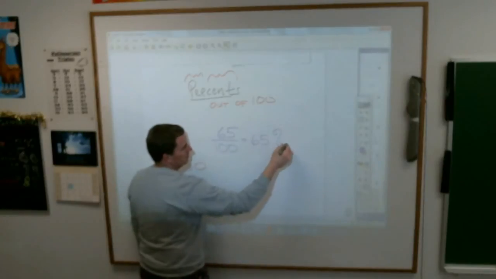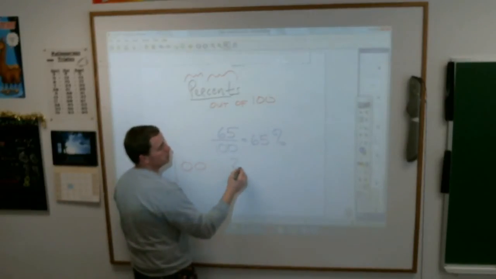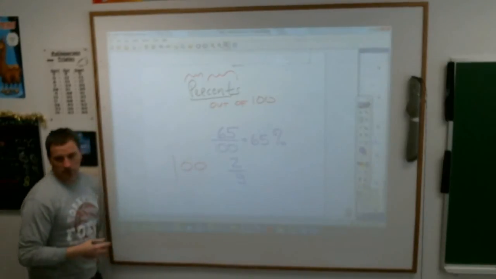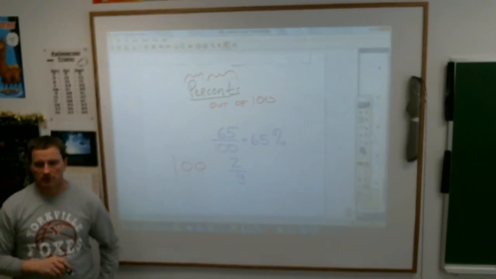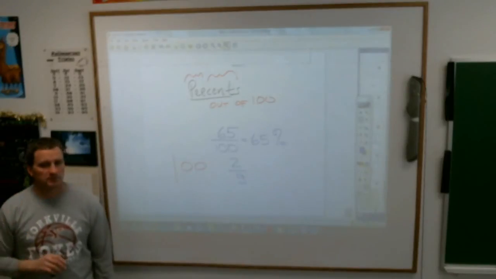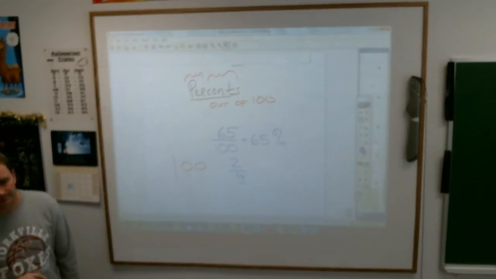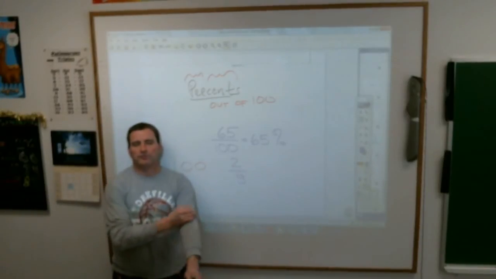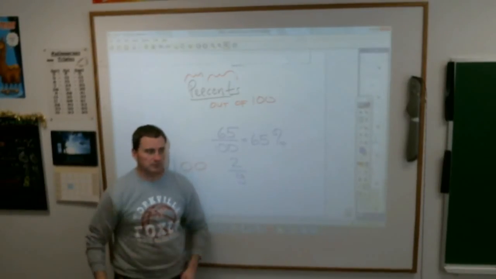Okay? But what if you only make 2 out of 5 free throws that you're shooting? Somebody says, what is your free throw shooting percentage? How do you change 2/5 into a percent?